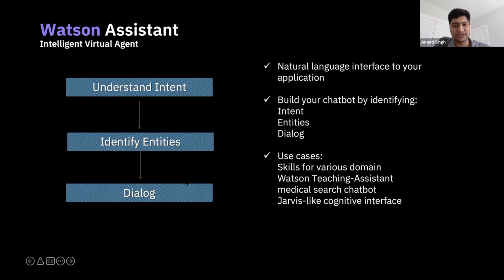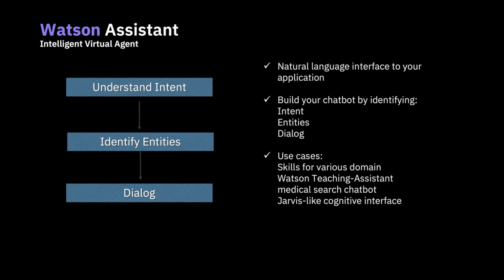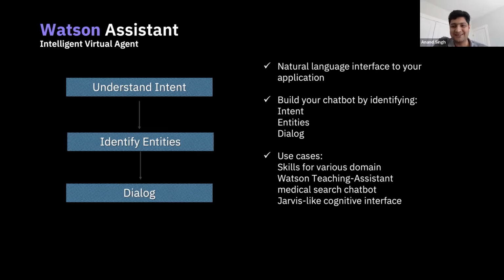So a user can develop any type of chatbot for various domains. And over time, we have seen different professors wanting a chatbot to answer their Piazza posts or use it as their teaching assistant. So we saw many teaching assistant chatbots getting built in different universities.